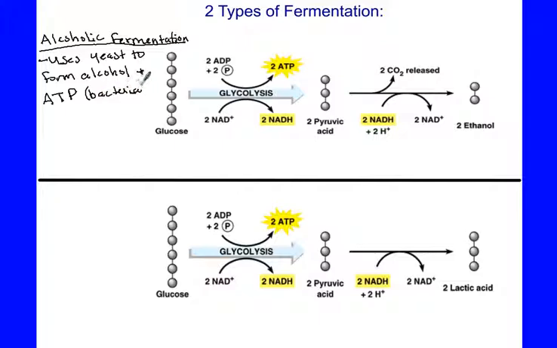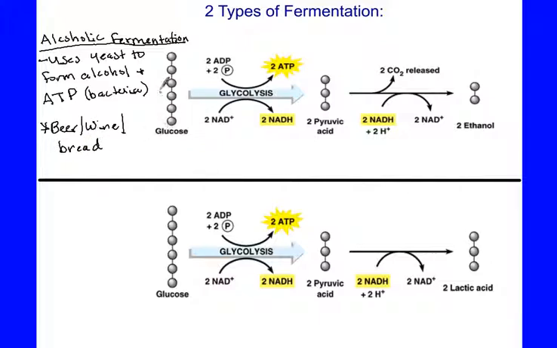Some bacteria can do this. Now, you might recognize this as the process that's used in making beer, wine, and bread. So alcoholic fermentation is going to be used to make these items.